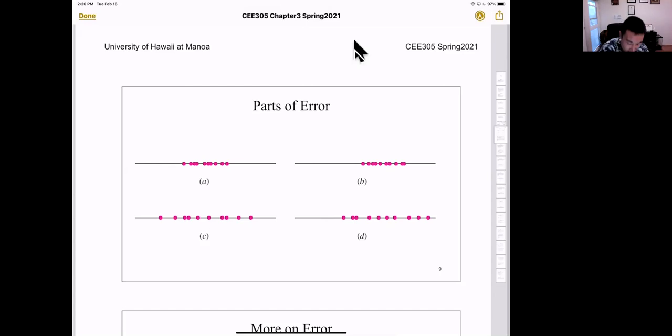So case A has small uncertainty, or high precision.